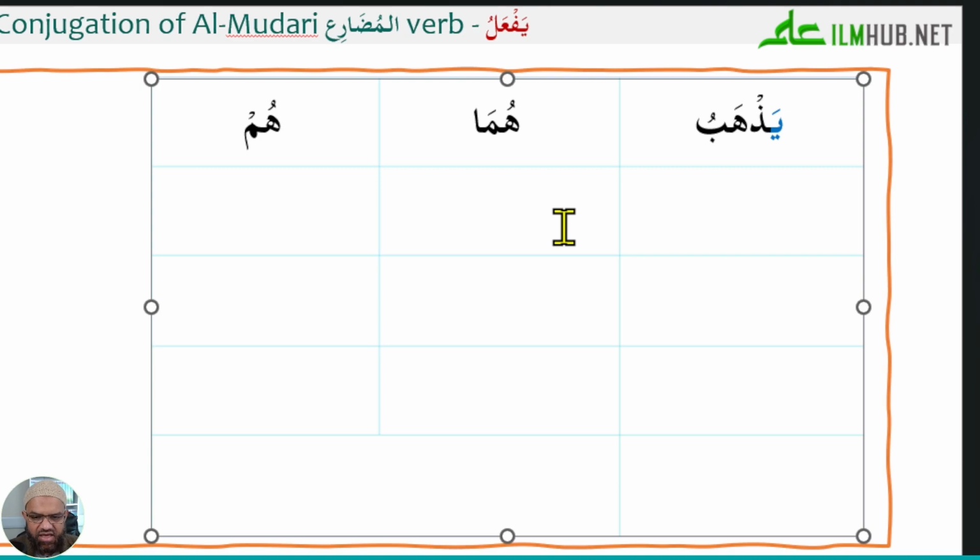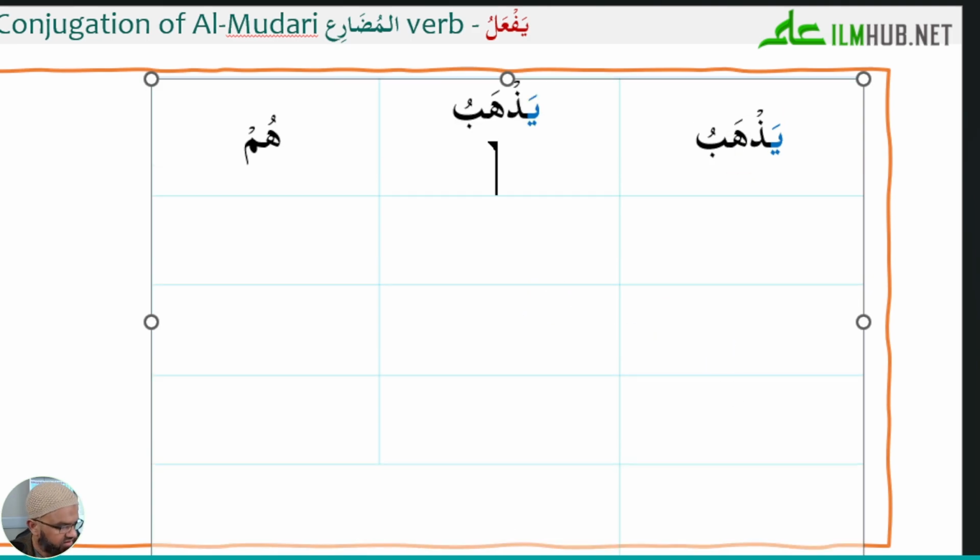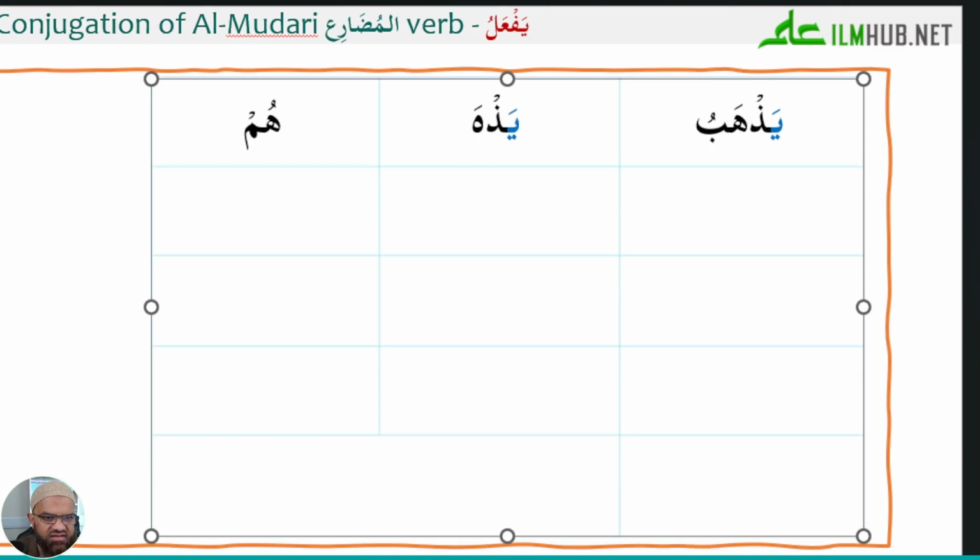So yadhhabu. The huma version will have our same letter of mudari. So we'll start with ya. Let me copy that just to save a bit of time. We have yad. First root letter takes a sukun. The second letter ha. Third root letter takes a fatha now. The reason why it takes a fatha is because the doer is huma, and huma is represented here by the alif.